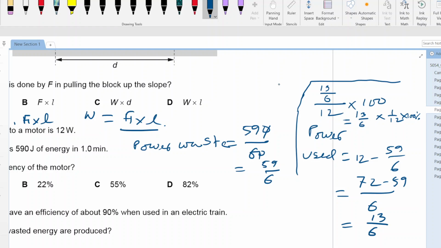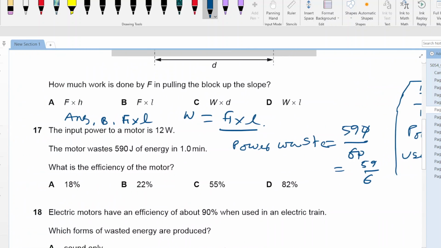If we calculate 1300 by 72, it gives 18.05 percent. Now consider the efficiency of the motor is 18%. Answer A, 18%.